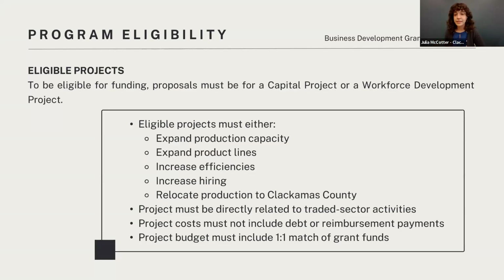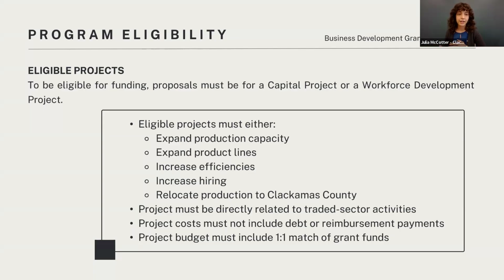There are also maybe some businesses who operate in the traded sector, but maybe their industry is not always traded sector. In that case, it's also just really important to make it clear that your business is manufacturing something here and is selling it somewhere else.